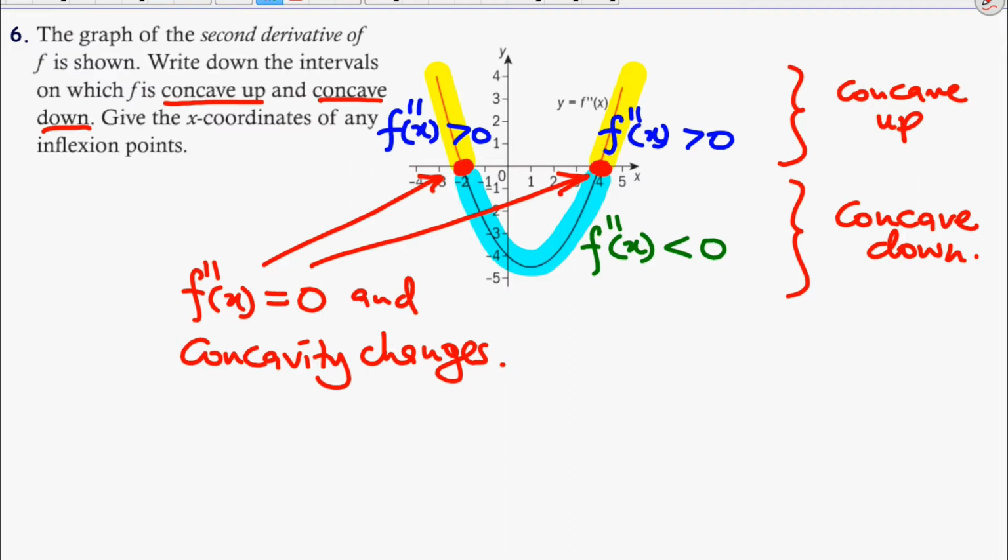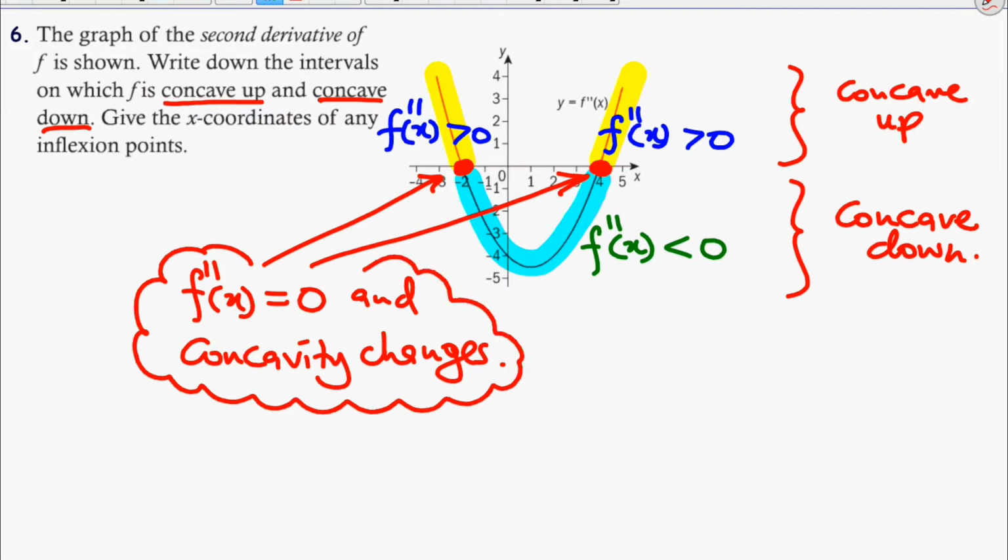So we can go ahead and answer the questions. If the second derivative is equal to 0 and concavity changes, then it means that those 2 points are the points of inflection.